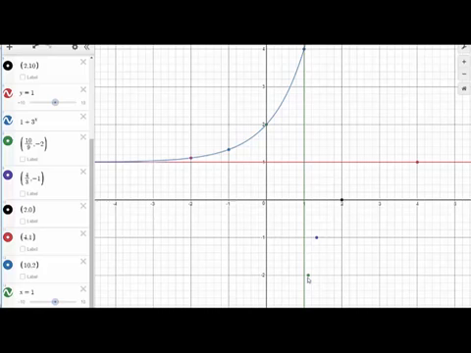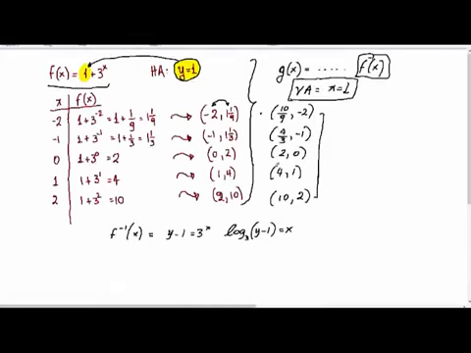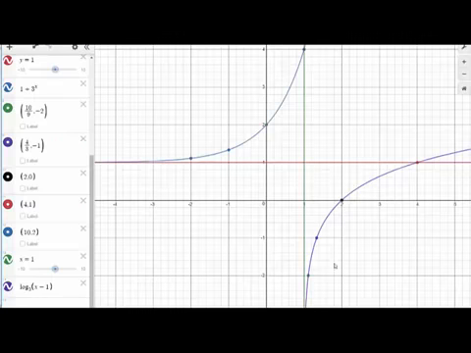I will just add that there so we can connect the points. And the graph that you get, if you connect the points that we found from the table, I remind you that the table is right here, these are the points that I connect. The graph that you get is the curve that you see, the purple curve right here.